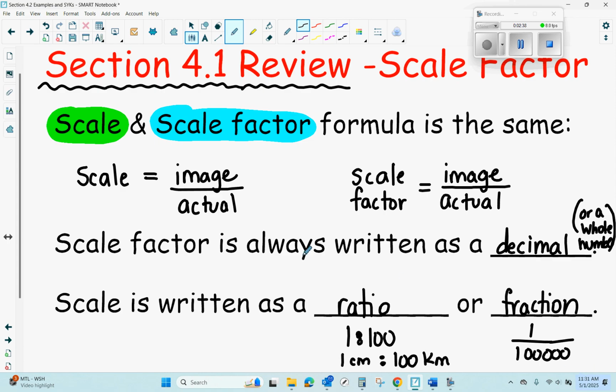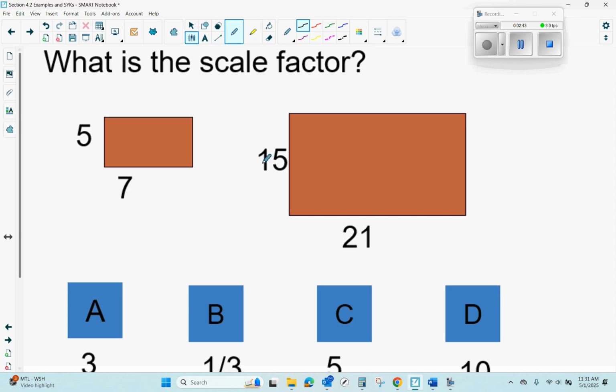Okay. So what does this mean? What are some types of questions you could be asked? So I might give you a picture like this and these two rectangles here. We started with this one and then we did something to it. We multiplied by some scale factor and we made this rectangle.